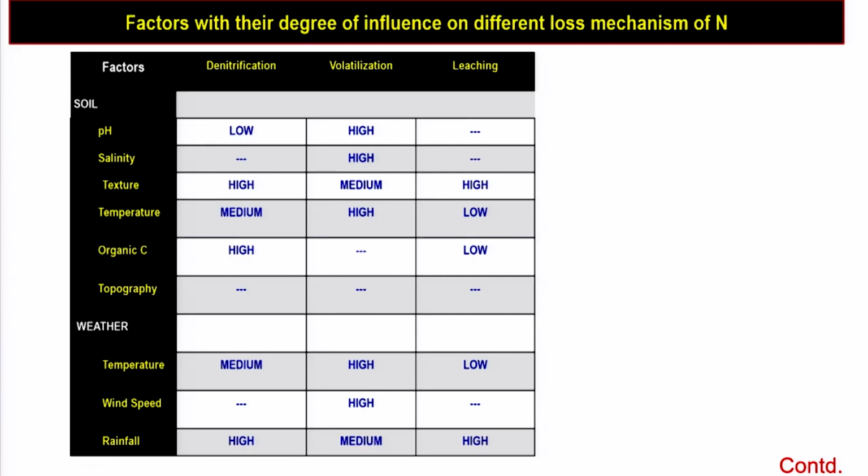So, here you can see these are the factors with their degree of influence on different loss mechanisms of nitrogen. So, pH has high impact on volatilization, salinity has high impact on volatilization, texture has high impact on denitrification and leaching, temperature has high impact on volatilization, of course, higher temperature, higher volatilization.